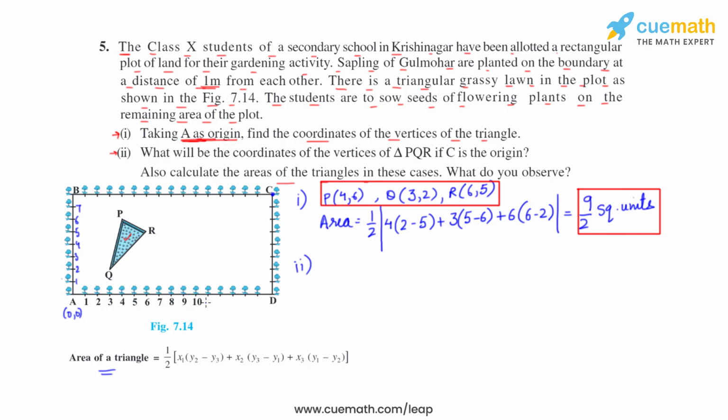So this will be 11, 12, 13, 14, 15. So this time, as these will all be negative with respect to C, all the values will be negative.